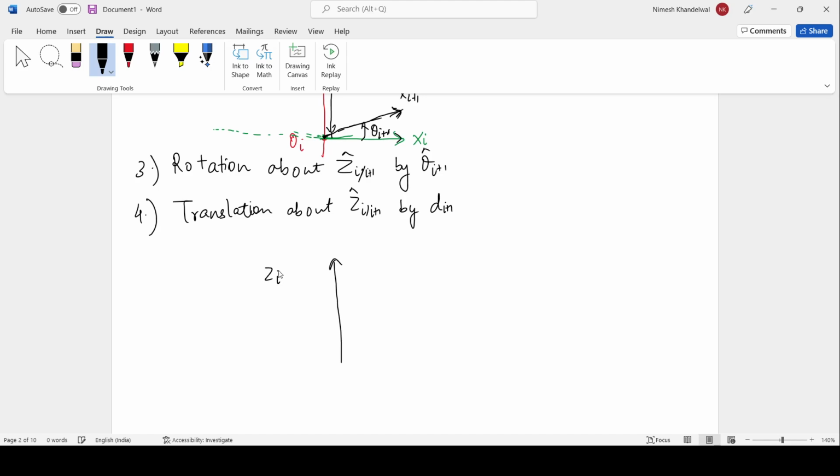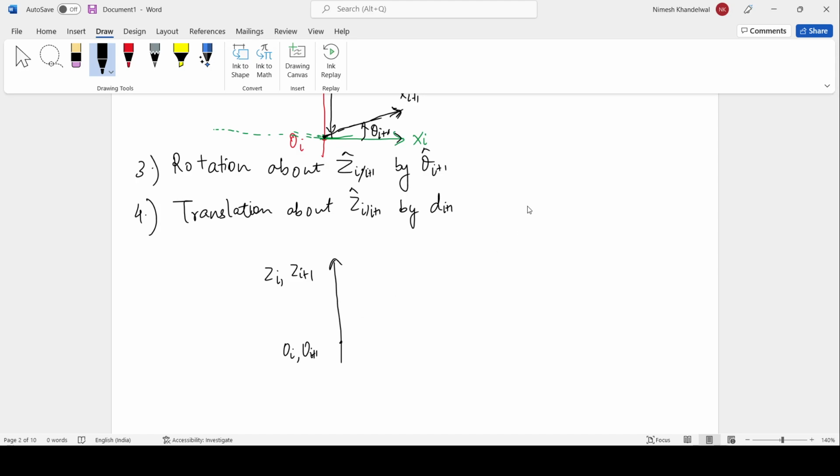So zi and zi plus 1 coincide, and both the origins coincide. Always remember that to say that two frames coincide, all the three axes and the origins should coincide. A frame or coordinate system is defined by not just the three axes, but also the origin.